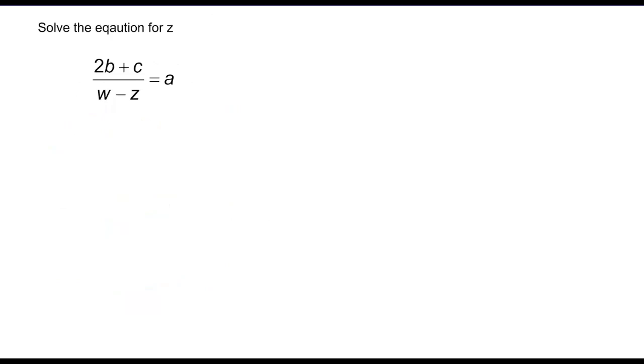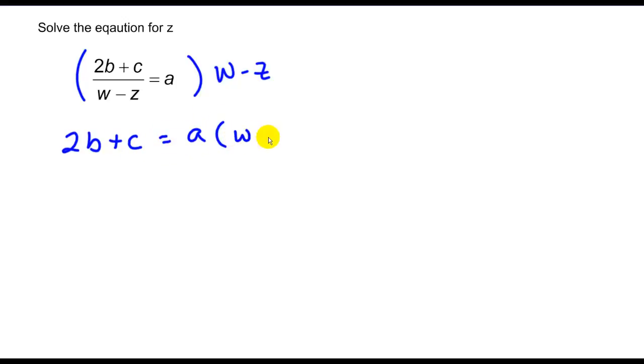Let's do the same thing. In this case, you'll notice the variable I want to isolate is in the denominator. We need to get that to the numerator, so it's just like clearing a fraction. Multiply by your common denominator on both sides. Notice w minus z times w minus z reduces to 1, so I have 2b plus c is equal to a times w minus z.